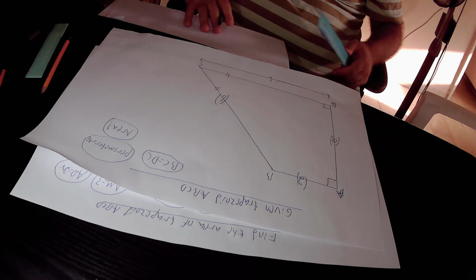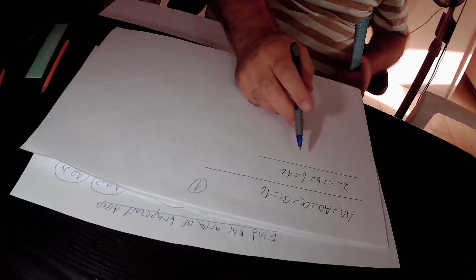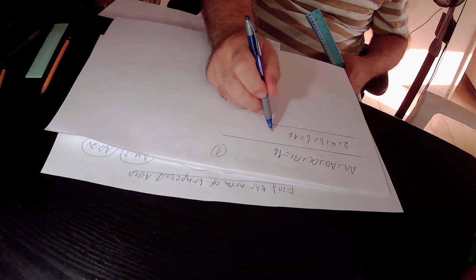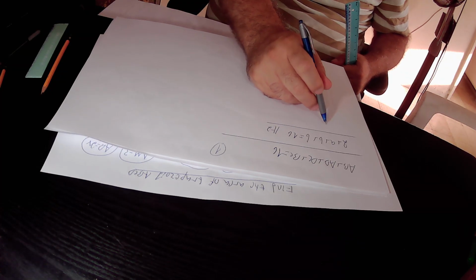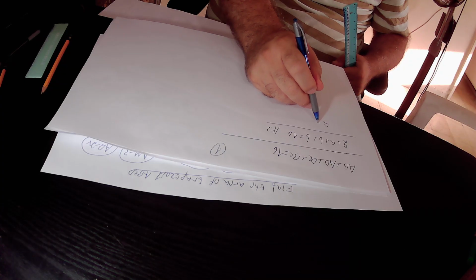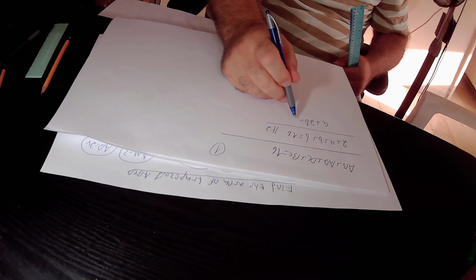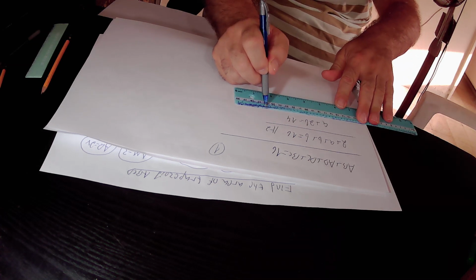So in total, we find that 2 plus A plus B plus B equals 16. Here we subtract 2 from this equation, and I get that A plus 2B is equal to 16 minus 2, that is 14. So A plus 2B equals 14.